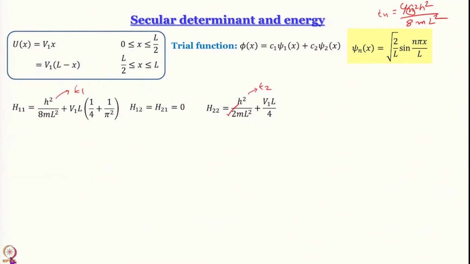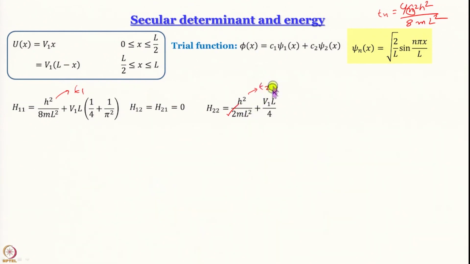The first matrix element that we get, H11, is essentially the energy of a particle in a box for V equal to 0, plus, remembering what we learned in perturbation theory, a correction term, provided V1 is very small.